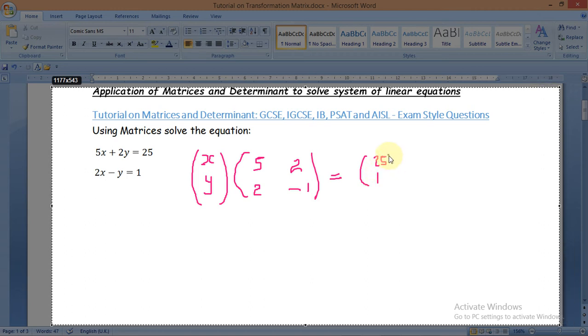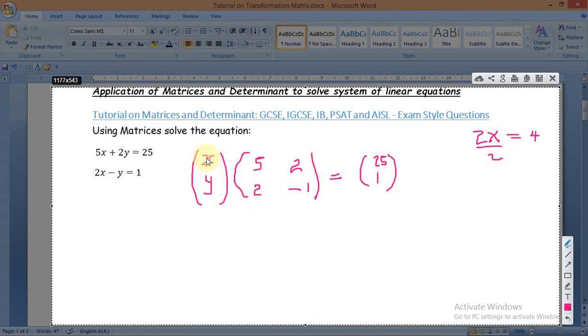Okay, so now what happened? Don't forget that when you have something like 2x equals 4, and you're looking for the variable x, you divide both sides by 2. Similarly here, I'm looking for the variables x and y that satisfy the system of simultaneous linear equations in two variables. So you use x, y as the subject of the formula. Dividing through means you can rewrite it as multiplying by 1/2, and 1/2 means 2 inverse.